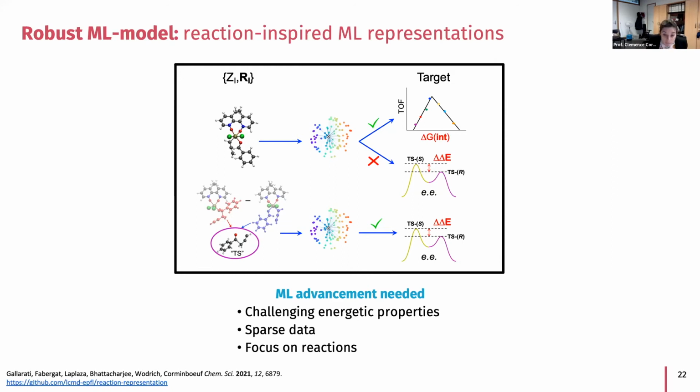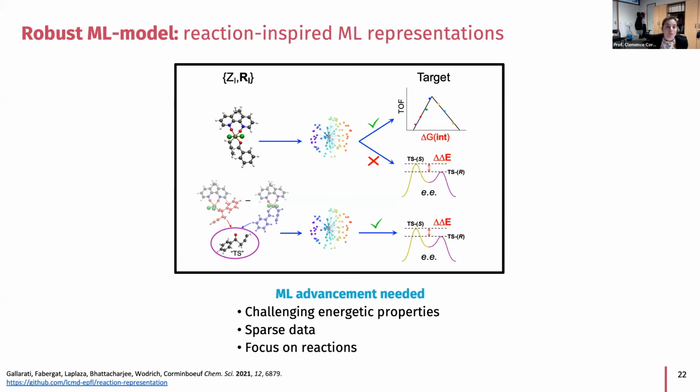So some ML advancements are needed if you want to learn challenging energetic properties, if you have sparse data, which is frequently the case in chemistry, and especially if you want to focus on reaction-based properties, because in a reaction, usually more than one geometry is actually relevant.